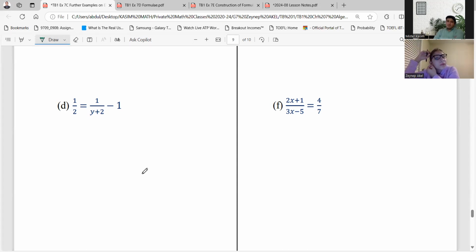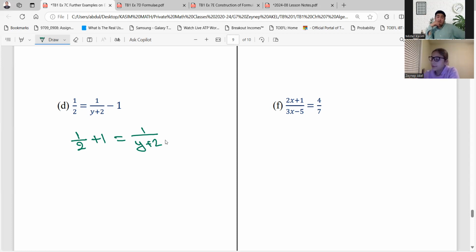Right now, the idea is simple. Take numbers to one side, variables to one side. On the right-hand side, we have negative 1, right? Move it to the left-hand side. If you move negative 1 to the left-hand side, we have this equation, right? 1 over 2 plus 1 is equal to 1 over y plus 2, right?